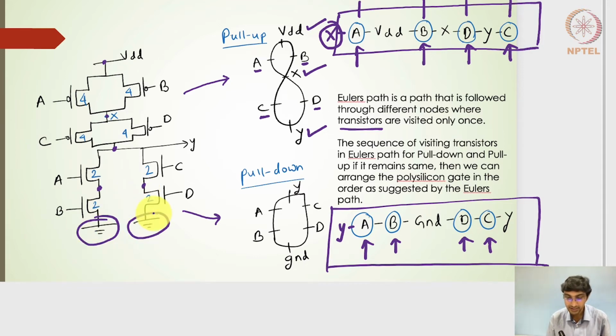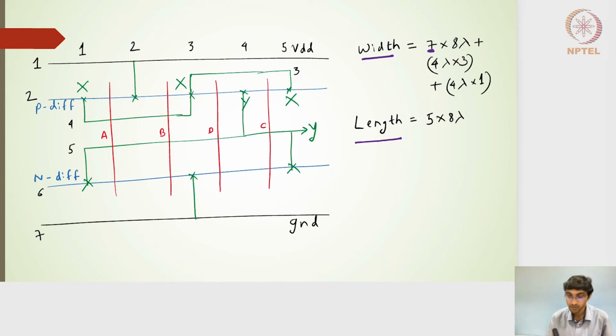And on the N diffusion side, the N diffusion line is not anymore 4 lambda, it is now 8 lambda. So I now have 4 lambda multiplied by 3, that is 12 lambda, to be accommodated in this footprint for the P diffusion line. And on the N diffusion side, I have to accommodate an additional 4 lambda multiplied by 1.